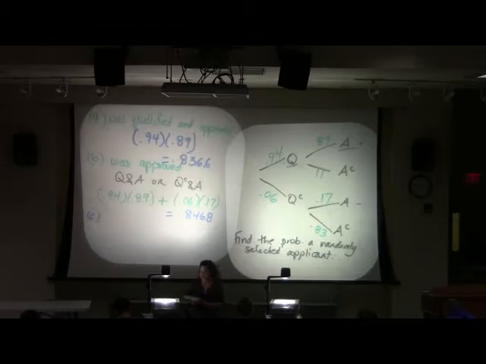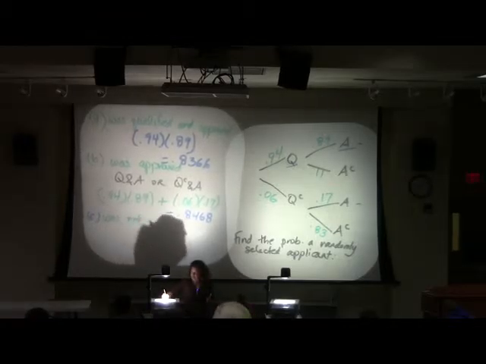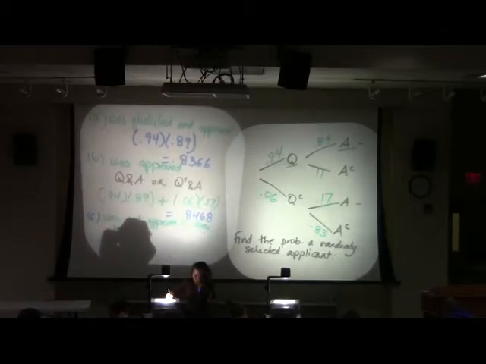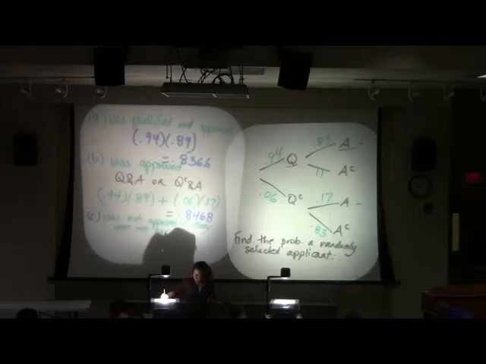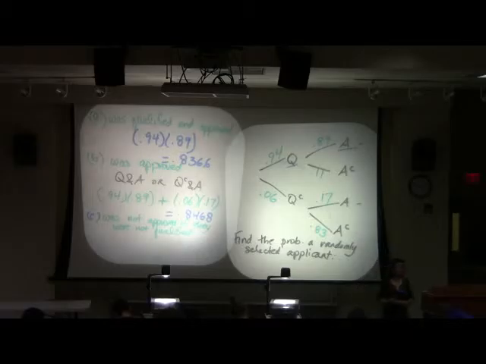Okay, let's do this next guy. Now let's find the probability a randomly selected applicant was not approved if they were not qualified. Okay, what's the magic word here? If. Okay? Now, if tells us conditional probability. Okay? And what I'm going to tell you guys now is the following.